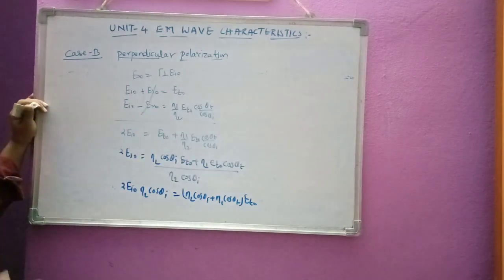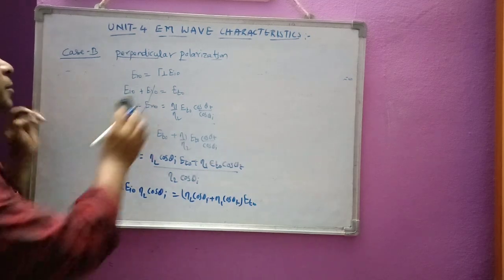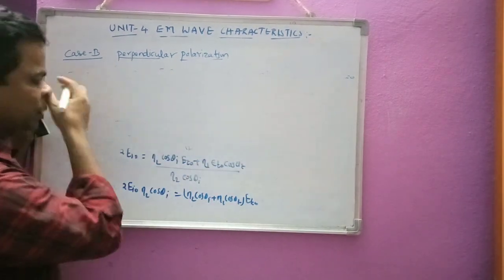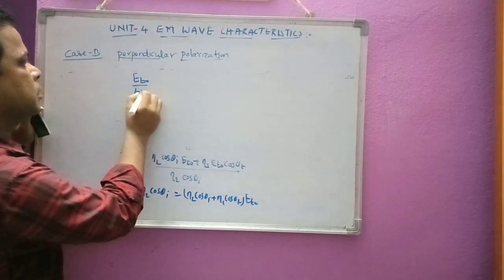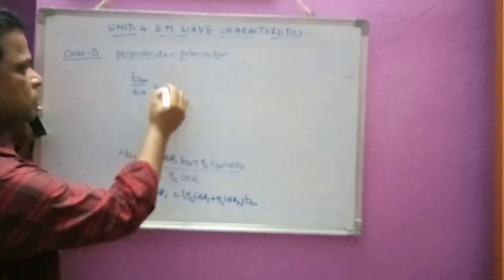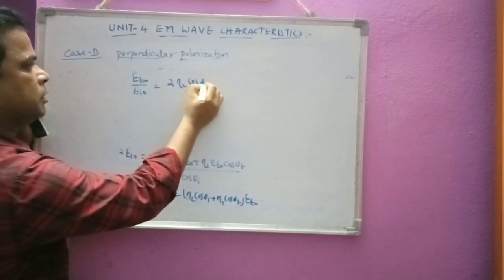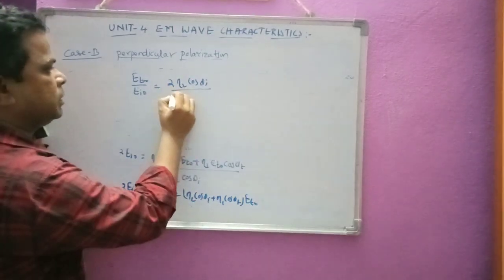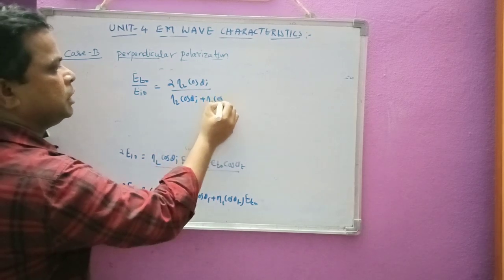Now I have to take the ratio of ET0 to EI0. So what I get here, if I take the ratio of ET0 to EI0, that is 2 eta2 cos theta I by eta2 cos theta I plus eta1 cos theta t.